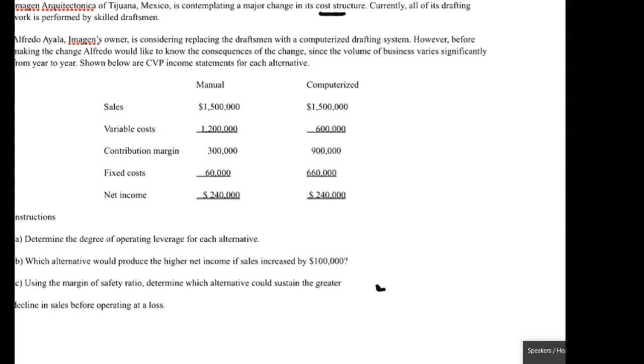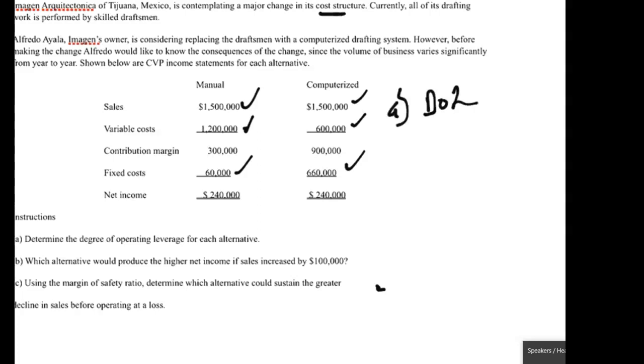Now, shown below are the cost, volume, profit income statements for each alternative. So you see, sales is the same, manual and computerized, but the variable cost for manual is quite a bit higher because it's direct labor than it is for computerized, but the fixed cost on computerized is considerably higher than the fixed cost under manual. So, A, degree of operating leverage.